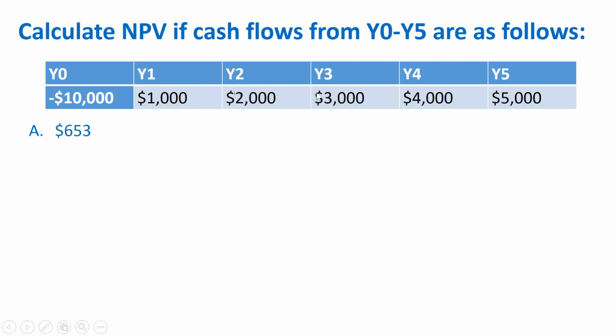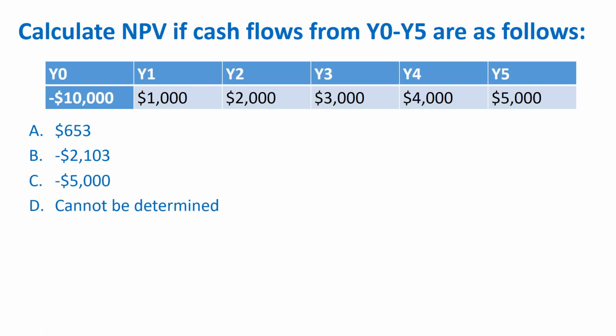Is it 653? Well, the answer is cannot be determined, because to do NPV, you need a discount rate. We assumed earlier it was 20%, but here it's not being specified, so it cannot be determined.